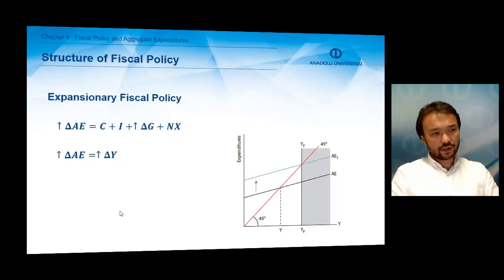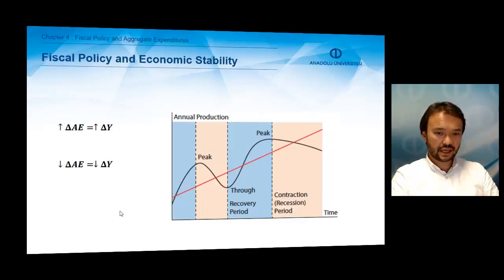We have two kinds of fiscal policy. The first one is the expansionary, the other one is the contractionary fiscal policy. Remember the business cycles for an economy we talked about in the first lecture. There are some recovery or expansion periods and some contraction periods in the short run in the economy.